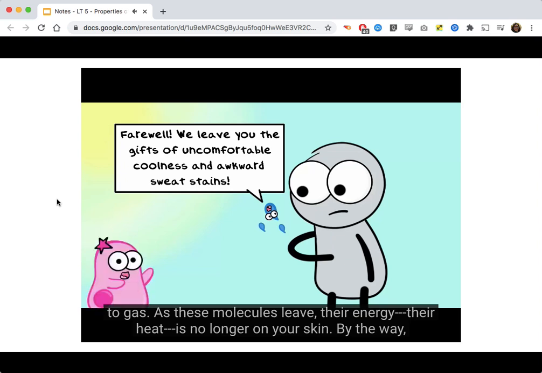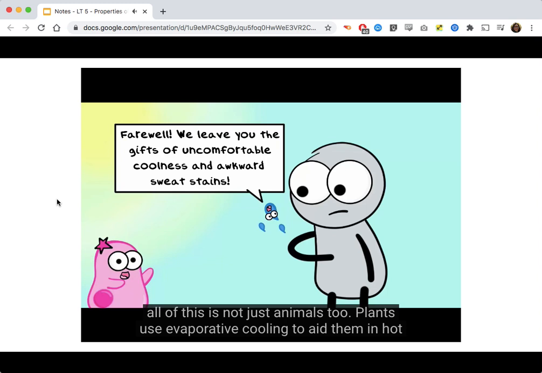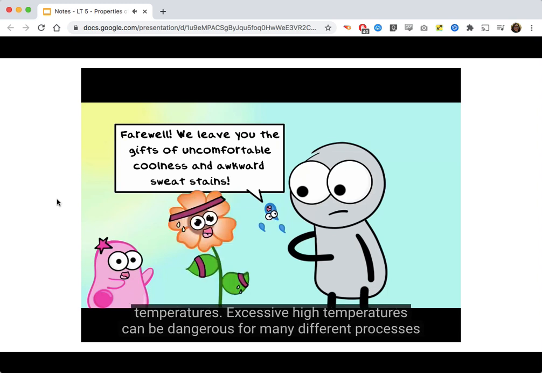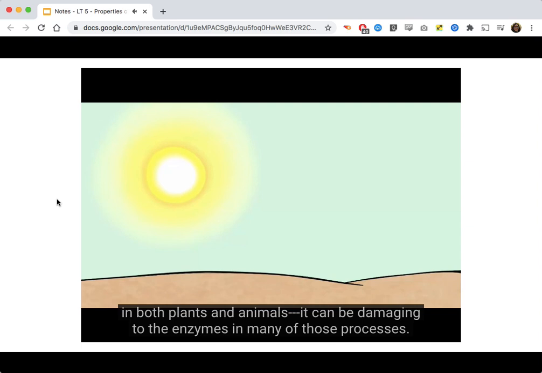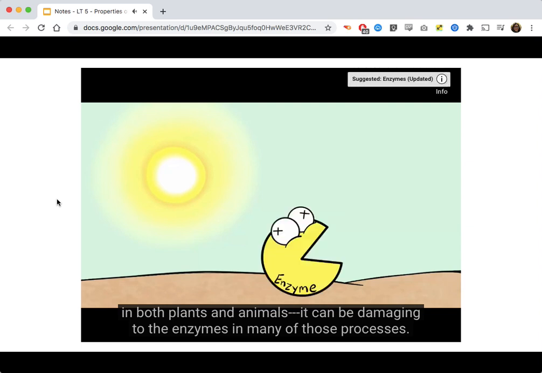And by the way, all of this is not just animals, too. Plants use evaporative cooling to aid them in hot temperatures. Excessive high temperatures could be very dangerous for many different processes in both plants and animals. It can be damaging to the enzymes involved in those processes. So, that evaporative cooling is very important.